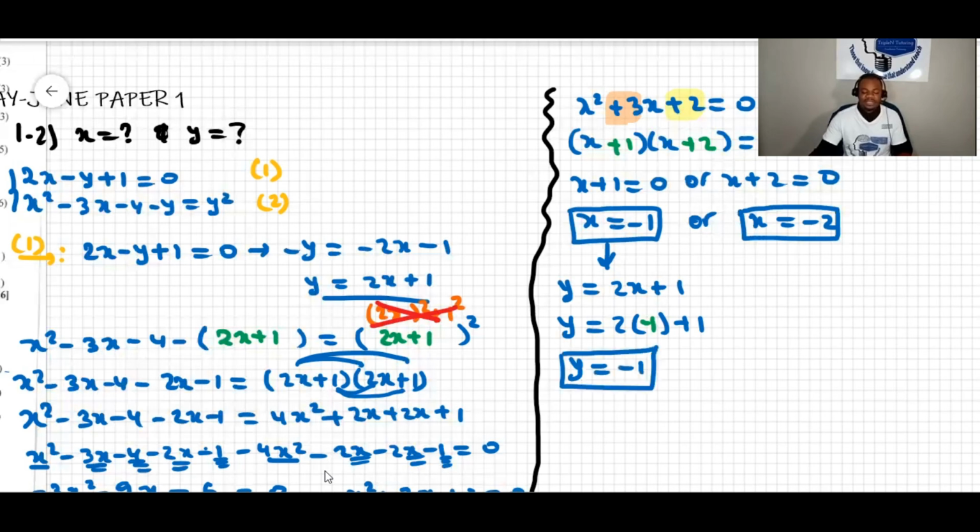So when x is negative 1, y is negative 1. And then over here also, because y is 2x plus 1, we substitute the value of x. x is negative 2. And if you substitute, we get y is equal to negative 3.